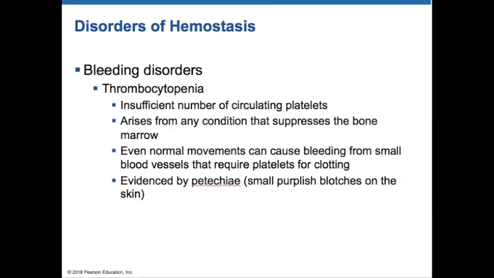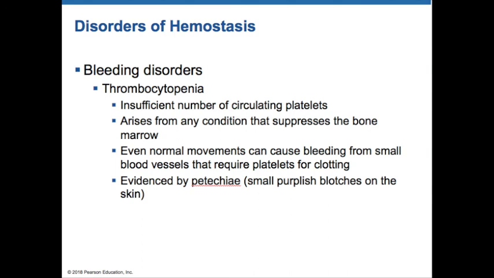Another type of hemostasis disorder is going to be the bleeding disorder, such as thrombocytopenia. Now, this is going to happen whenever there are insufficient numbers of platelets in your body. And remember, the function of platelets is to start the process of preventing blood loss. Now, if a person does suffer from thrombocytopenia, what can happen?